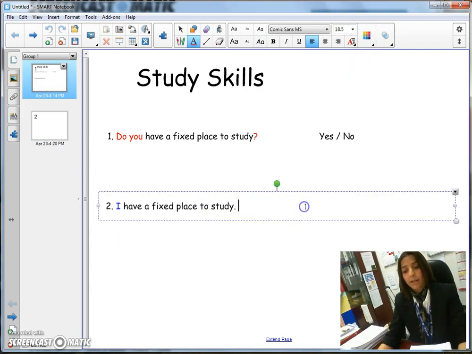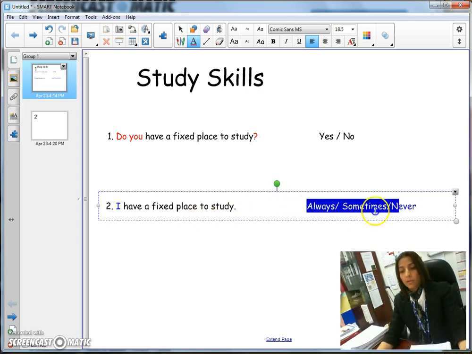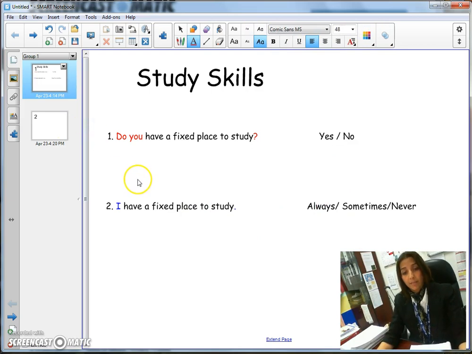So these kinds of items are used in a 3-point scale, in which we have the three options: always, sometimes, and never. Okay, so this is the difference that we have in both these kinds of statements.